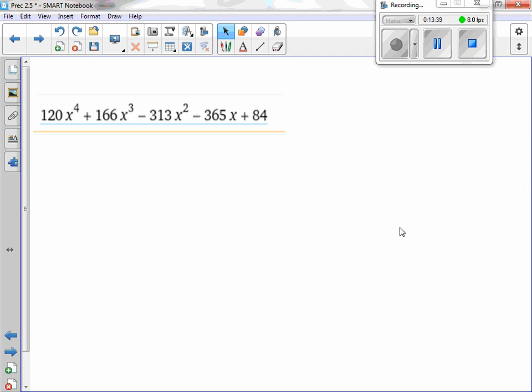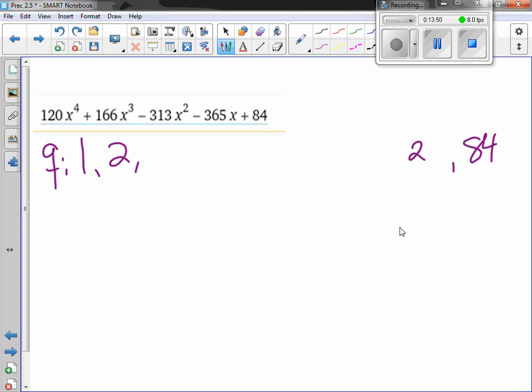So Q, 1 and 84. 2 and 42. 3 works. 2 would be 6, which gives us 24, which would be 8.